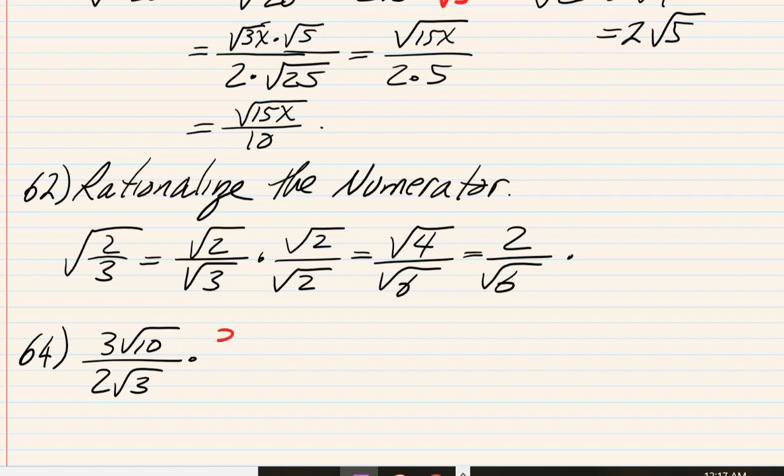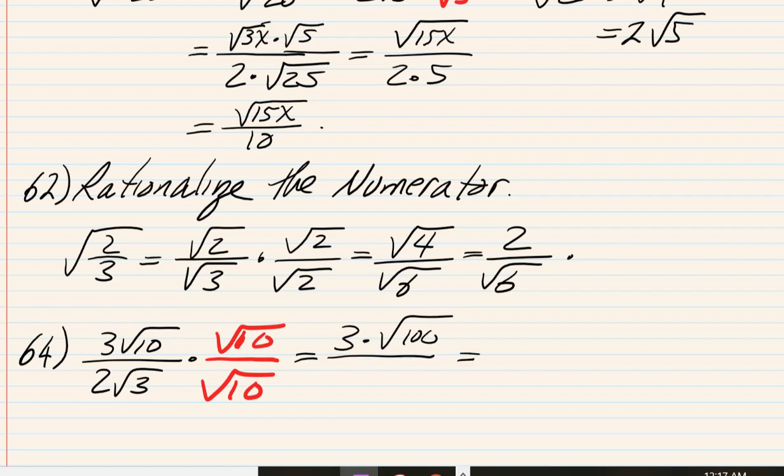So here's what we do not want to do. We don't want to multiply top and bottom by 3 or by 2, nothing like that, because those are not radicals. So we're going to multiply top and bottom by root 10. Now root 10 times root 10 is root 100, and that's just 10.